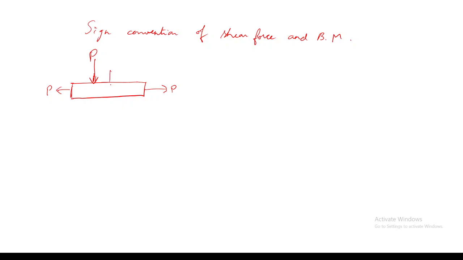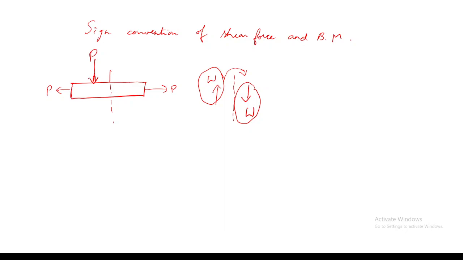If you take any cross section, the sign convention for shear force is like this: if a couple is rotating the member in clockwise direction, then you term this as a positive shear force.